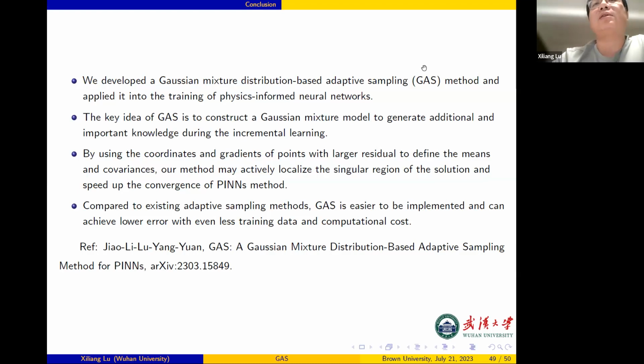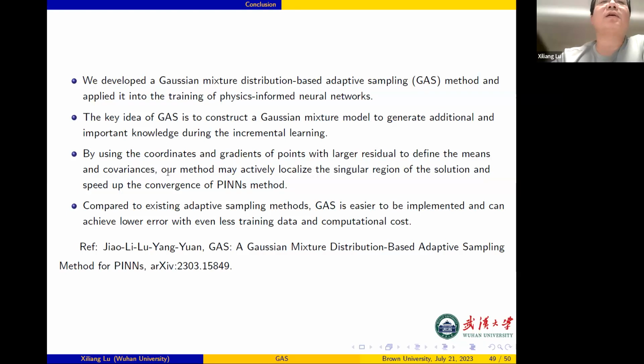The only difference is this adaptive sampling strategy. The key idea is we assume this distribution is in the set of mixture Gaussians, then we add all the points following this rule.